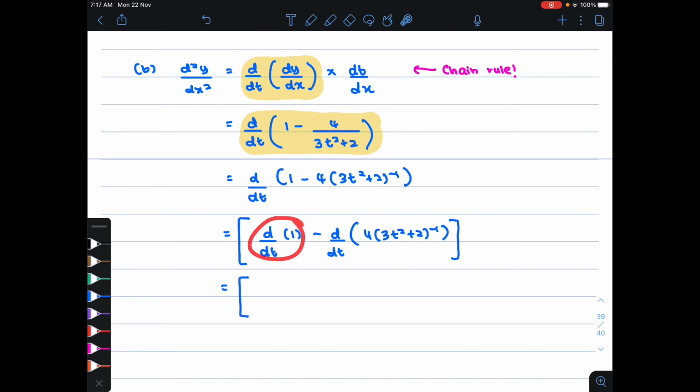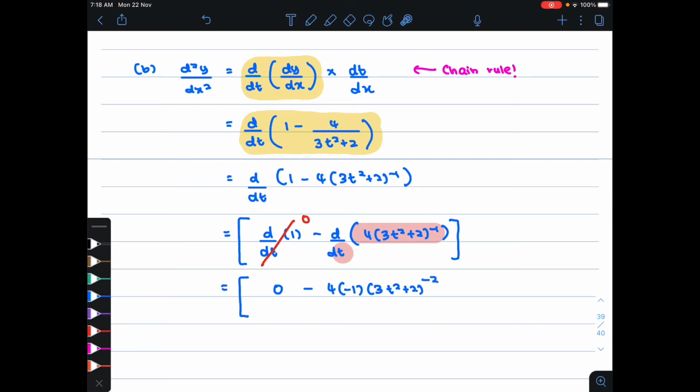Since 1 is a constant, when we differentiate, we will get 0. And for the second term here, we need to differentiate this with respect to t. So 4 is a constant or your coefficient, so just copy it down. Since we have a power, we're going to bring the power to the front. Copy the whole function. But now what happens to the power? It is negative 1 minus 1.